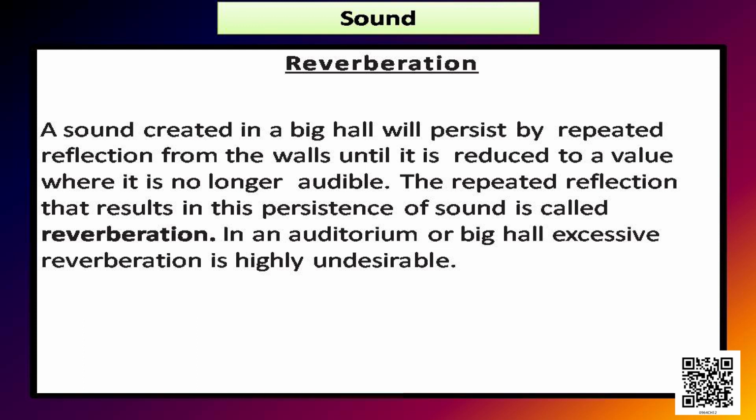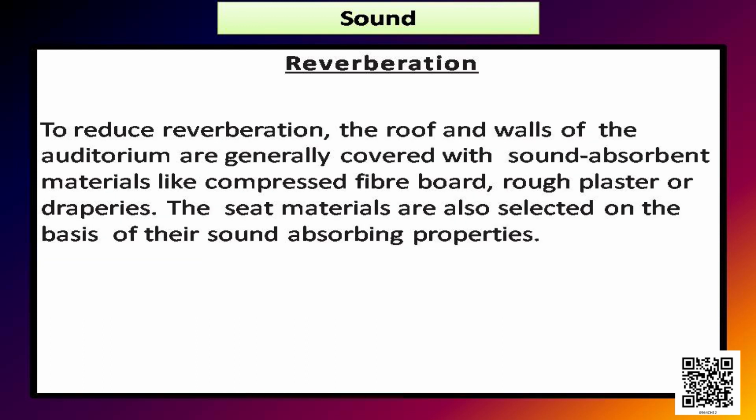In an auditorium or big hall, excessive reverberation is highly undesirable. To reduce reverberation, the roof and walls of the auditorium are generally covered with sound absorbent materials like compressed fiberboard, rough plaster or draperies. The seat materials are also selected on the basis of their sound absorbing properties.